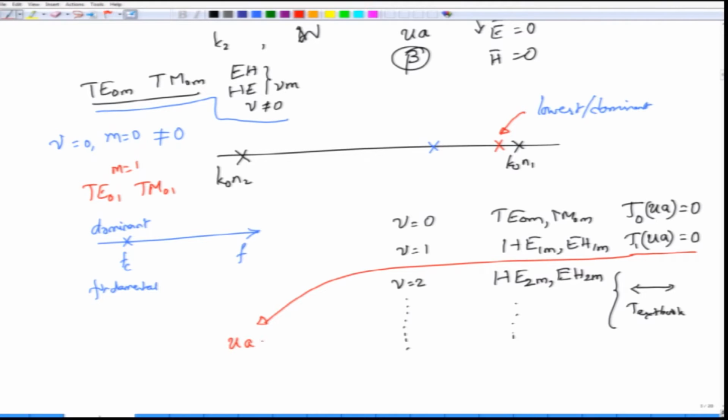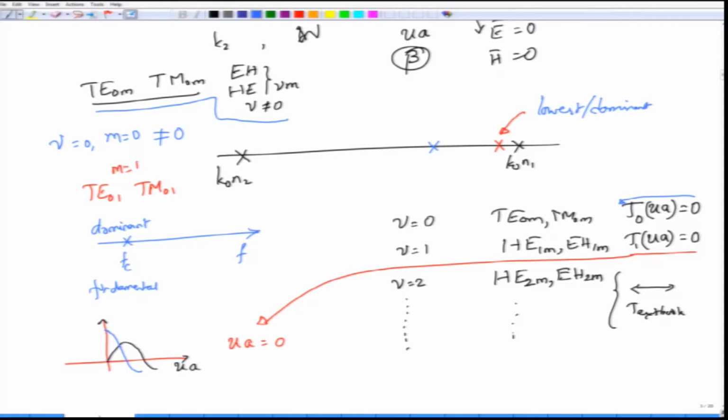Right when UA is equal to 0, because the J1 function as a function of the argument UA goes like this, right. So, this is the J1 function. J0 on the other hand would go like this, right. So, the cutoff condition that you are looking for, you have to at least get to this condition, so that the corresponding mode can propagate. Okay.